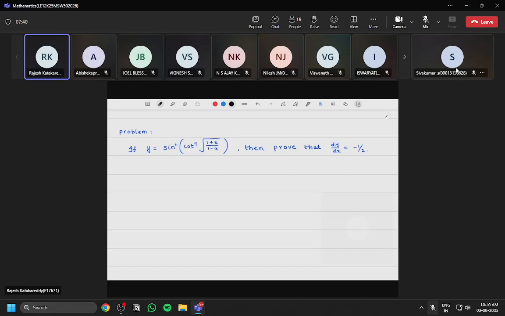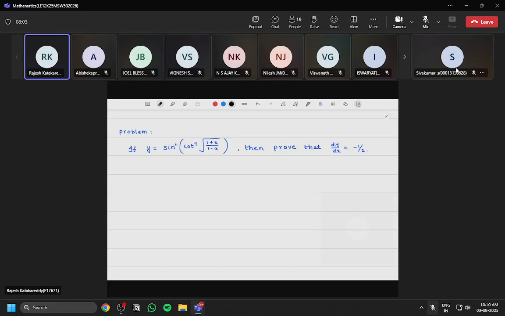Quadrant 1. Square and square root I can cancel and I can just write cot theta. Do you understand? Clear?